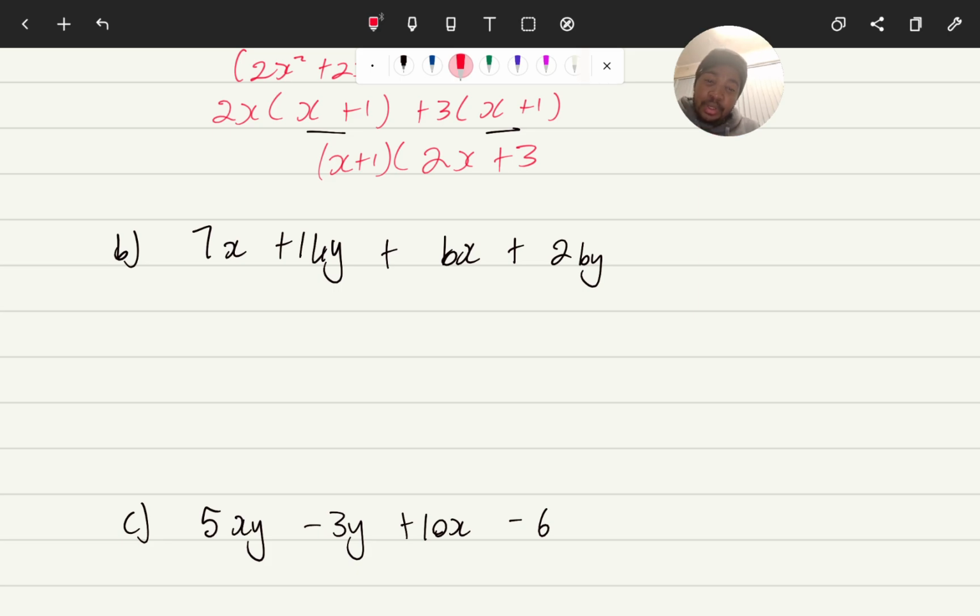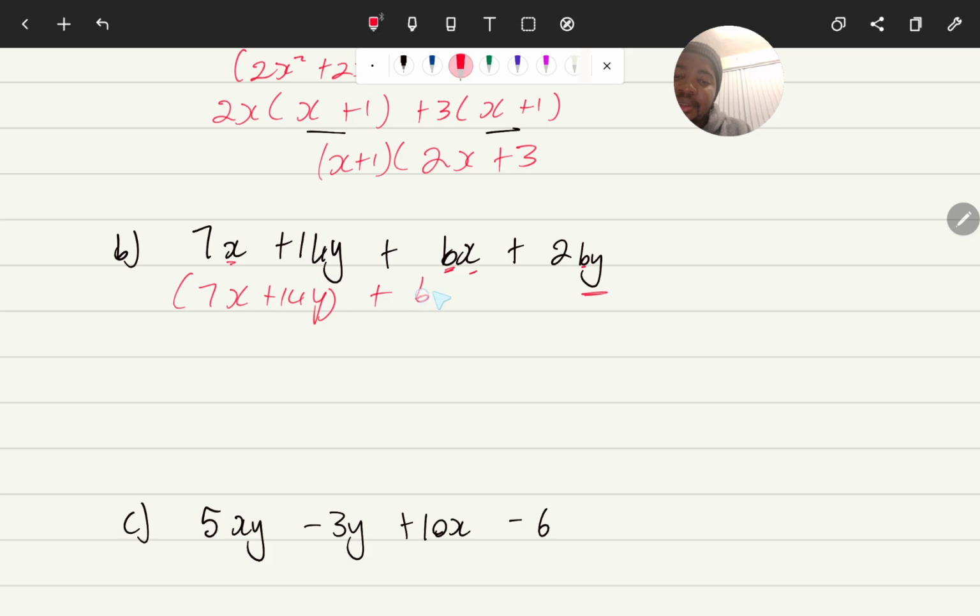Here's what is beautiful. So I'm already seeing I have a y, I have a y. Ne? I have a b, I have a b, I have an x, I have an x. So I need to decide how am I going to group this. But also I'm seeing I have a 7 and a 14, right? So perhaps I can just leave them as they are and say I group 7x plus 14y.